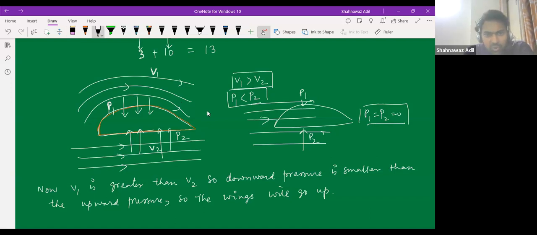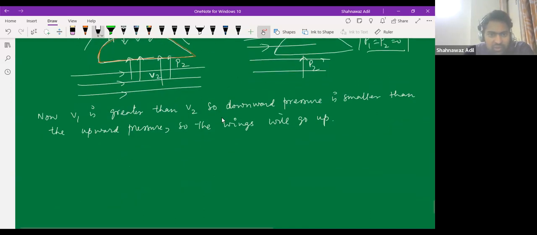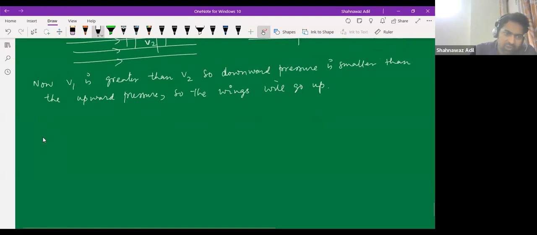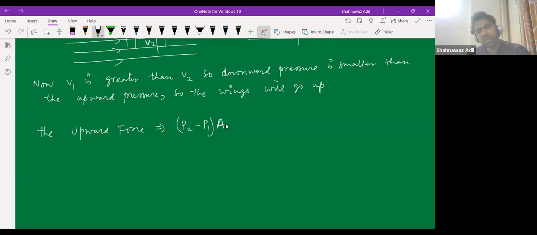And what would be the upward force? That would be P2 minus P1 into area. So F would be P2 minus P1 times area.